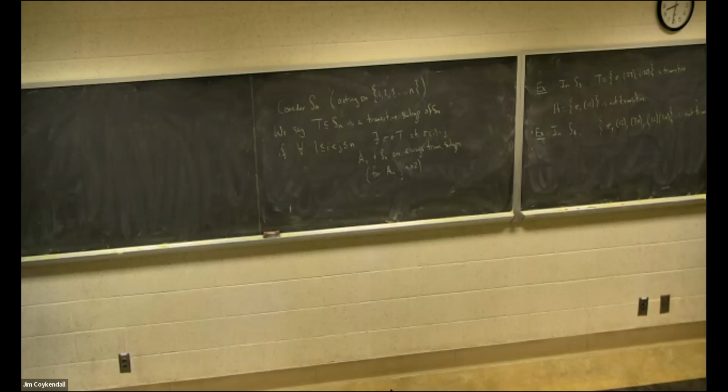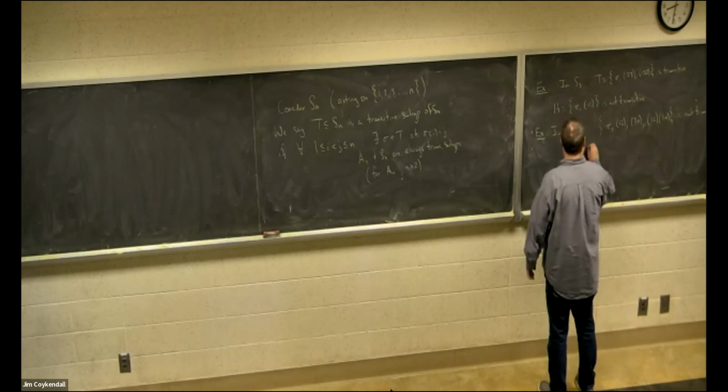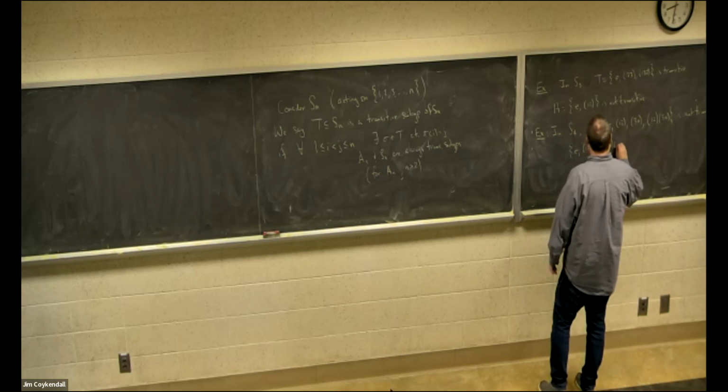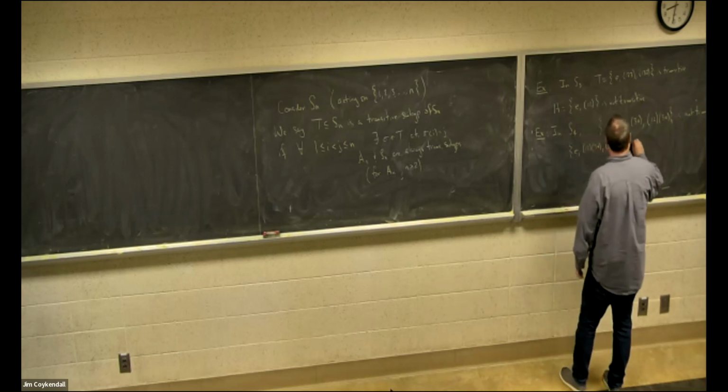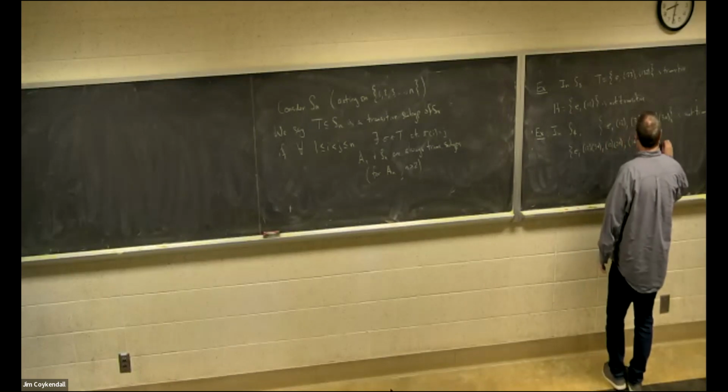Can somebody tell me why? There's no way to take 1 to 3. For example, there's no way to take 1 to 3. However, this is kind of weird. This illustrates it.